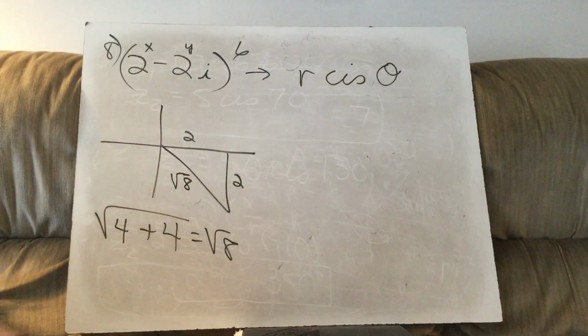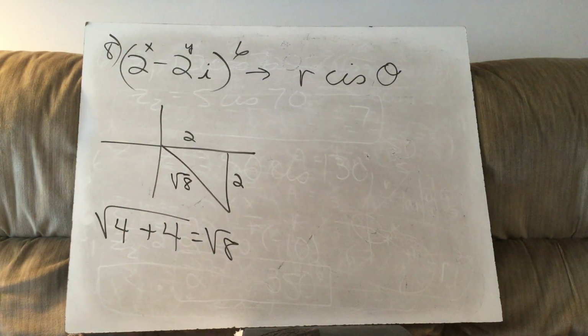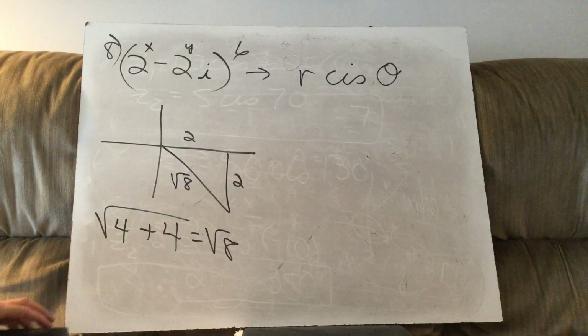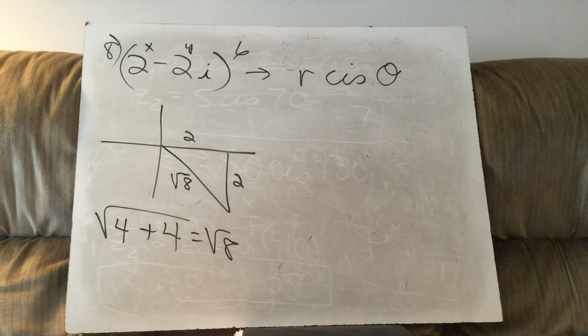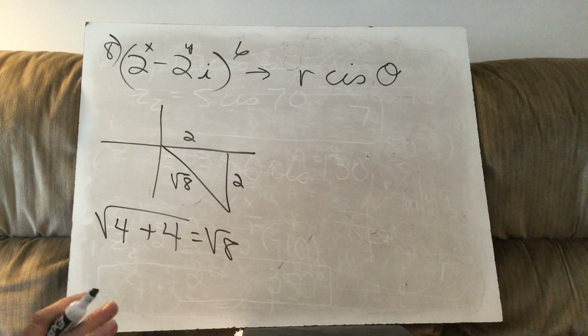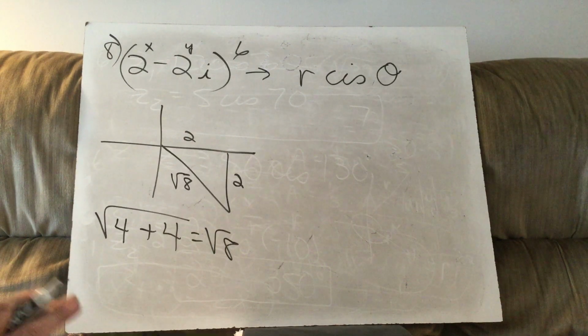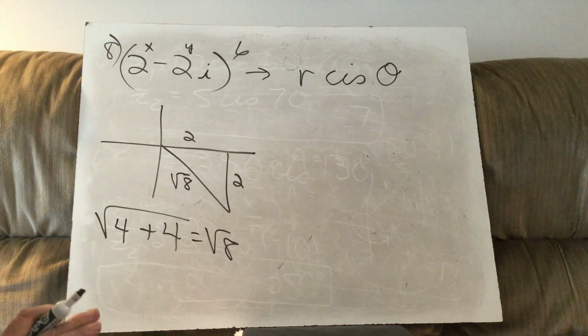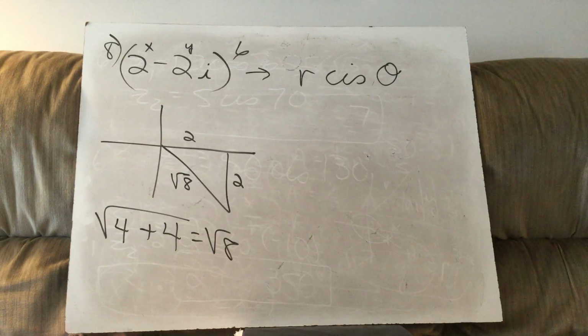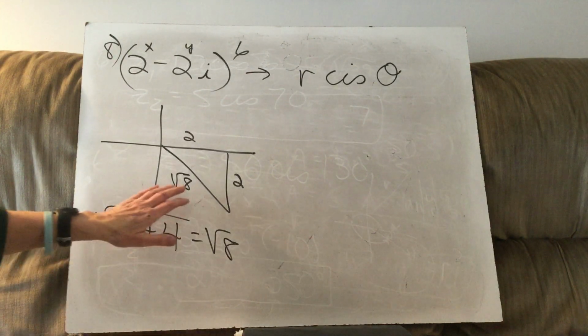Now, I'm not going to reduce that, and I would suggest you not either. I know some of you are having a heck of a time getting some of this typed in on your calculator, and it's going to be easier if you just leave it as the square root of 8. I know it's 2 root 2. If you absolutely can't help yourself, go ahead and make it 2 root 2, but you're going to regret it later. I'm just going to leave it square root of 8.